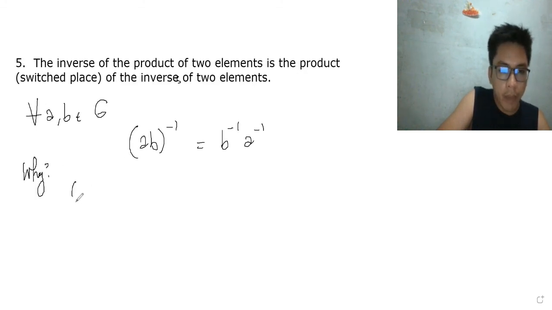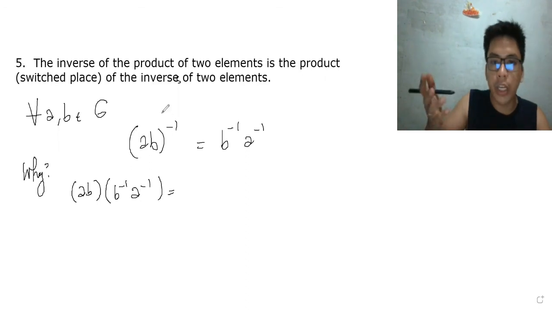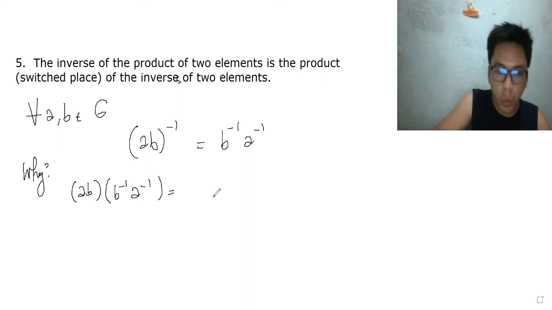Remember, what if I multiply AB and B inverse A inverse? Remember, we're working in a group, that means associativity holds. So I can associate this, and I have B B inverse, A inverse.